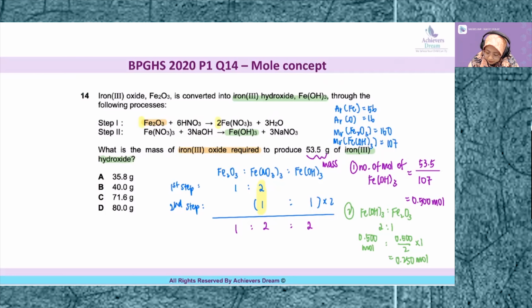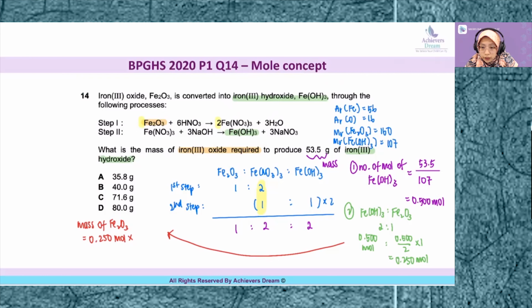To find the mass of Fe2O3, we take the number of moles that we found earlier, 0.250 mole, multiplied by the MR of iron 3 oxide. How do I find the MR of iron 3 oxide? 2 bracket 56 plus 3 bracket 16.